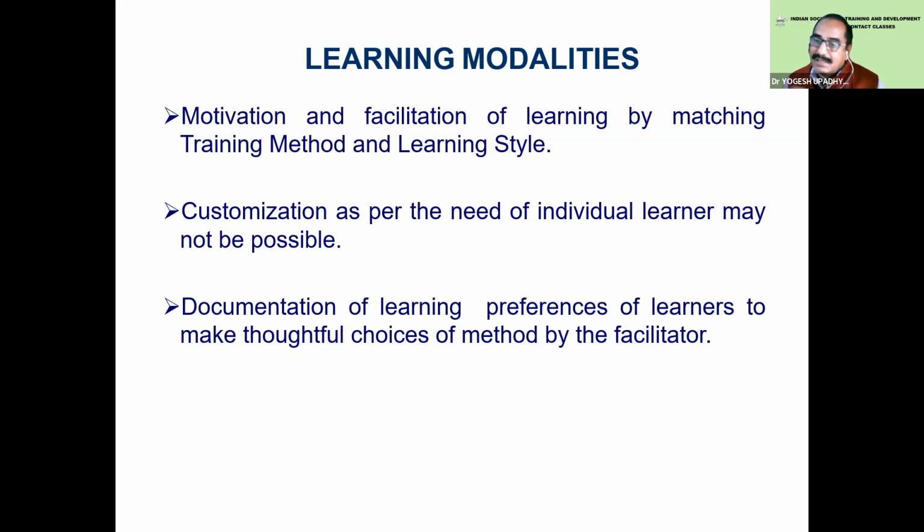If you map on a scale of 1 to 10, and somebody is at 10 and somebody else is lower, you cannot cater to both. So we have to take the middle part. Documentation of learning preferences of learners helps the facilitator make thoughtful choices of method. So you have to carry out some sort of testing of what type of learning preferences are there.